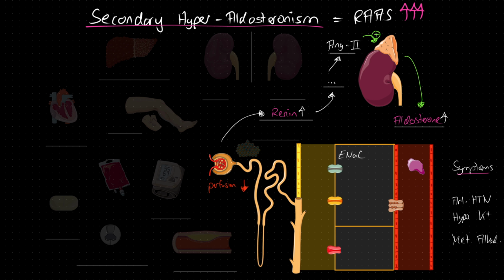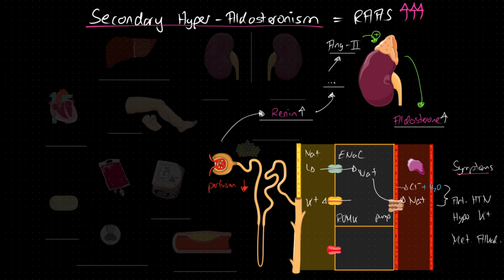The ENaC is a sodium channel. ROMK is a potassium channel, and then there's the sodium-potassium pump. So what are the effects of aldosterone? Incoming sodium from the distal tubulus is reabsorbed more and released into the blood. It passively pulls chloride and water with it, thereby increasing blood volume and then blood pressure.